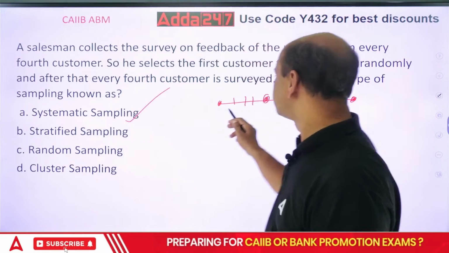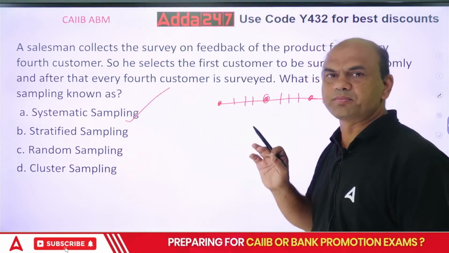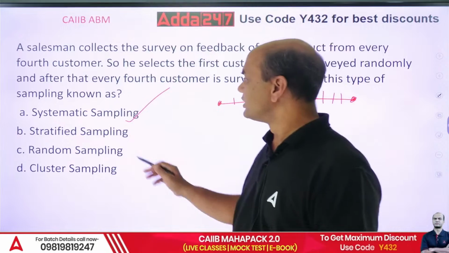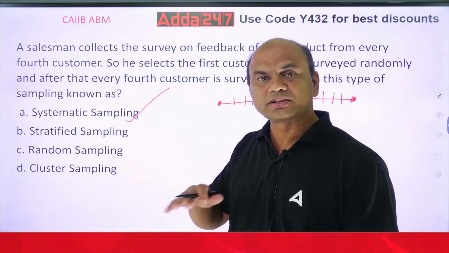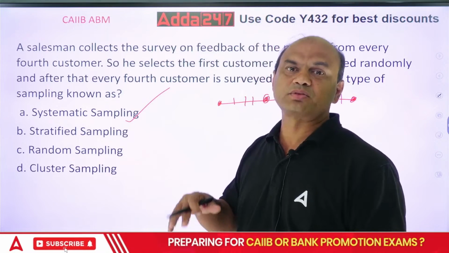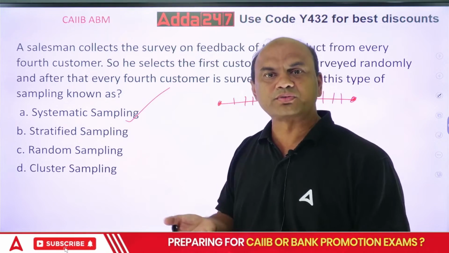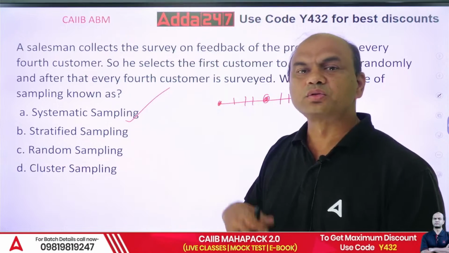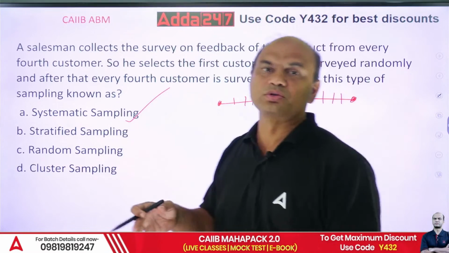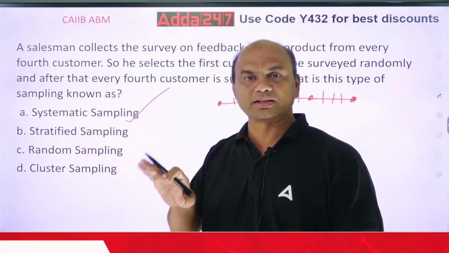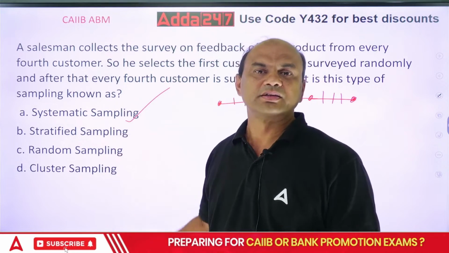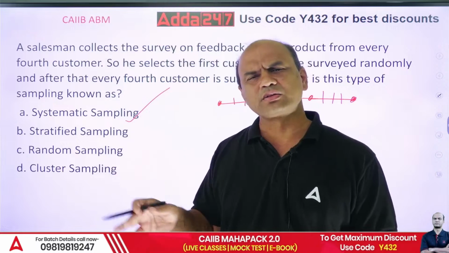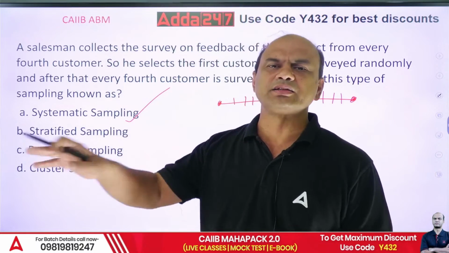Okay? Understand the difference between all these. Systematic means sequentially, with a proper order. Stratified sampling means what? This creates differences, like those students with 20% marks, those students with 40% marks, those with 60%, 80%. We make separate groups. That is stratified. Simple random means what? Anything. I'll close my eyes and select any 10 students.